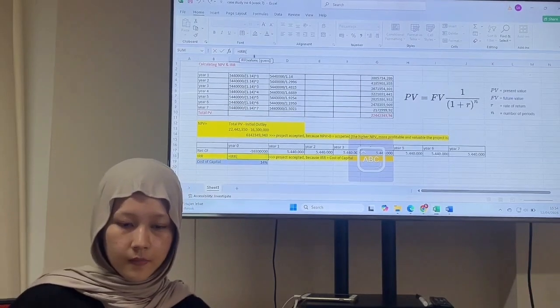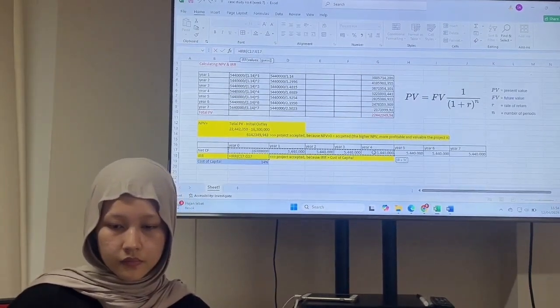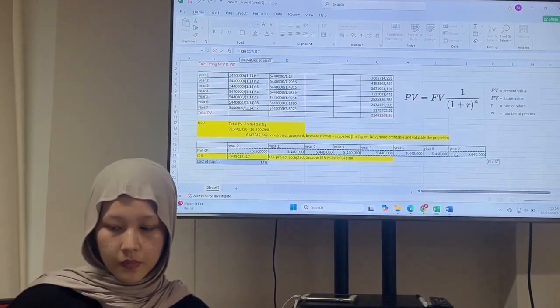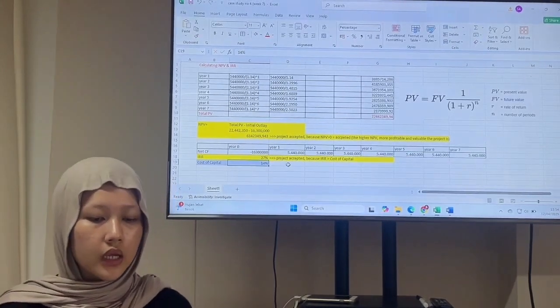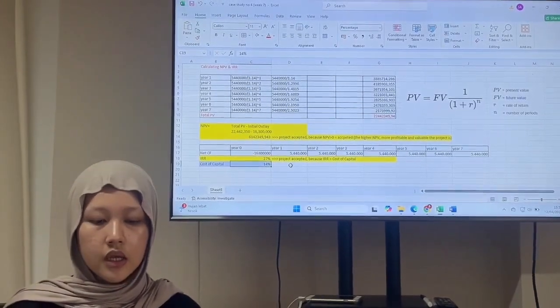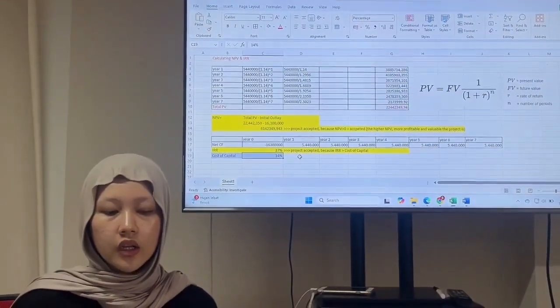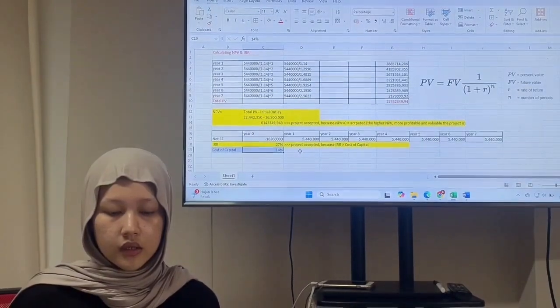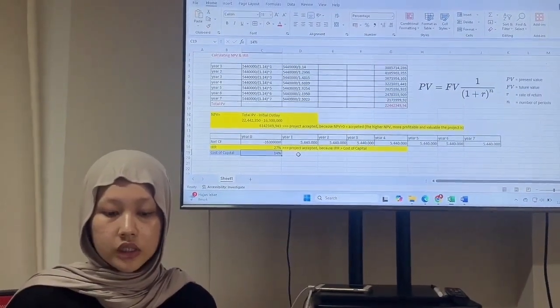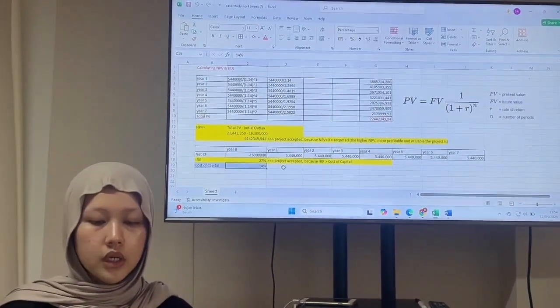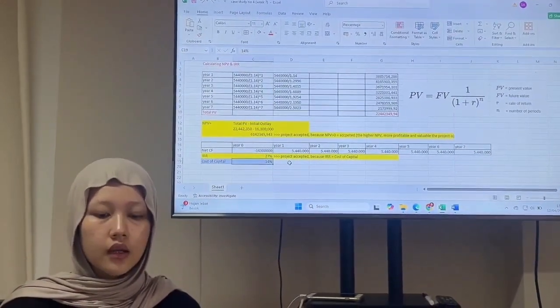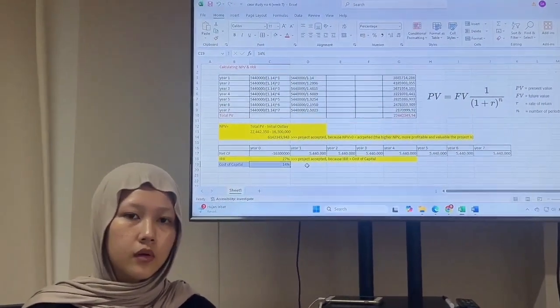IRR is 27%, and the IRR is bigger than the cost of capital, that is 14%. So the project is accepted because, again, the IRR is bigger than the cost of capital.